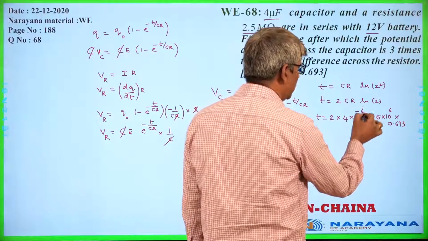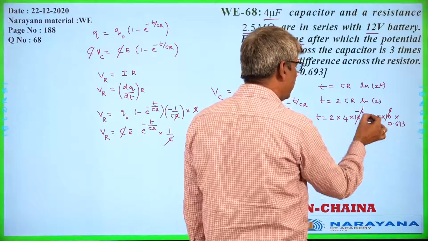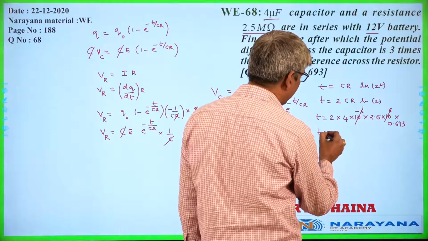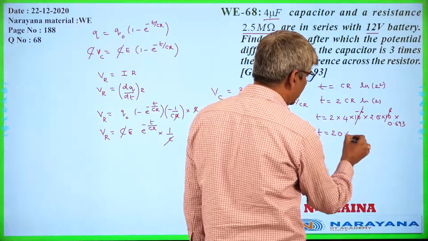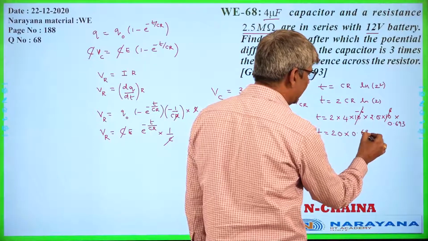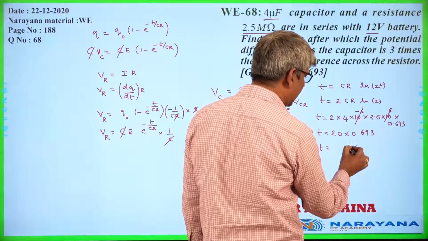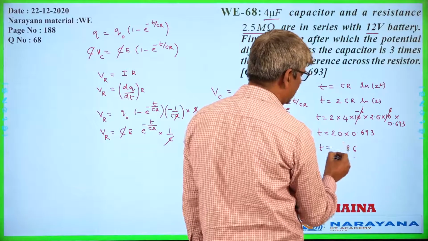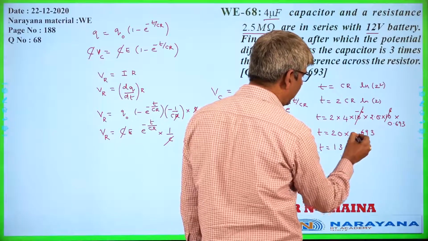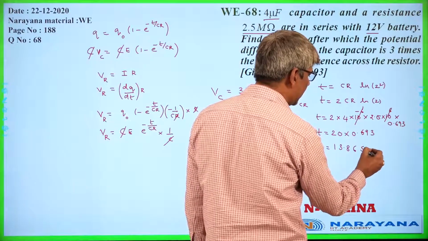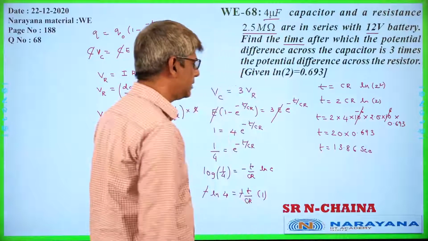Here these two will be cancelled out. 2.5 into 4 is 10, 10 2s are 20, 20 into 0.693 is 13.86. So 13.86 seconds is the answer.